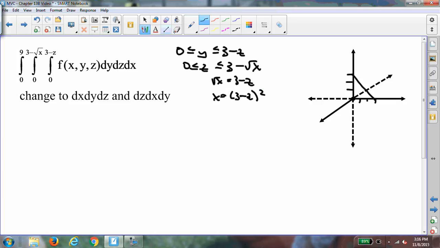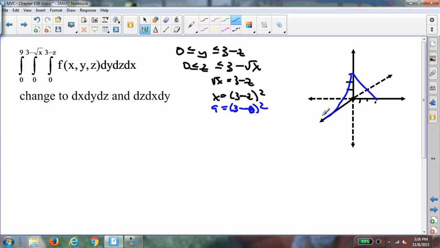Let me change the color here. Let's make it blue. So there's my y equals 3 minus z. I need a parabola, x equals (3 minus z) squared, so that would look something like this. And then x goes from 0 to 9, which makes sense because if I put in 9 for x, that would be when z is 0.